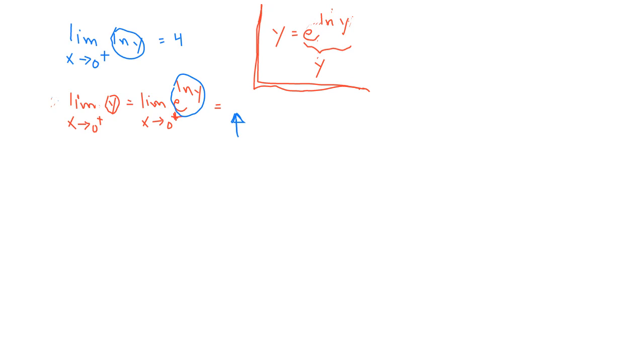That's right, good, Mohammed. It would be e to the 4th power, and so that's going to be our limit. Now I can formalize that. Let me go back to the solution here.